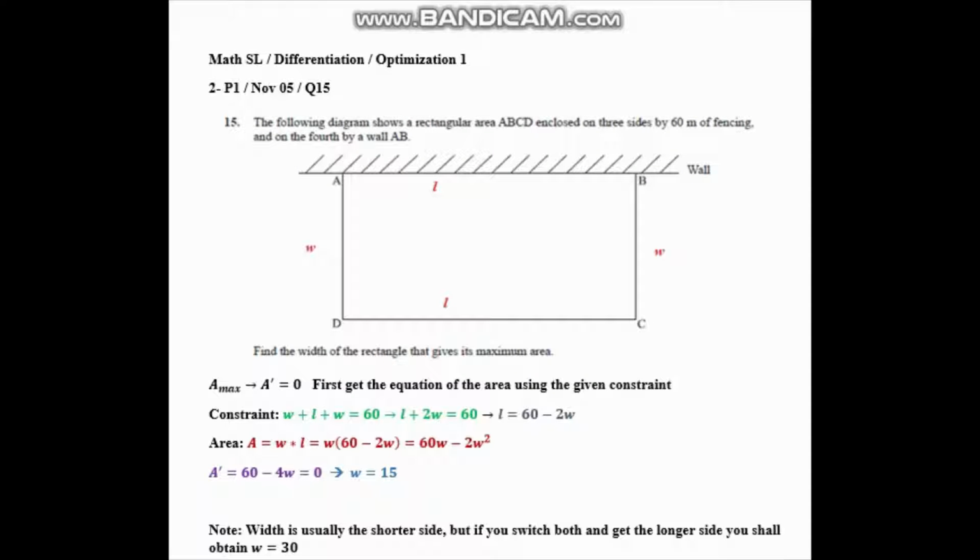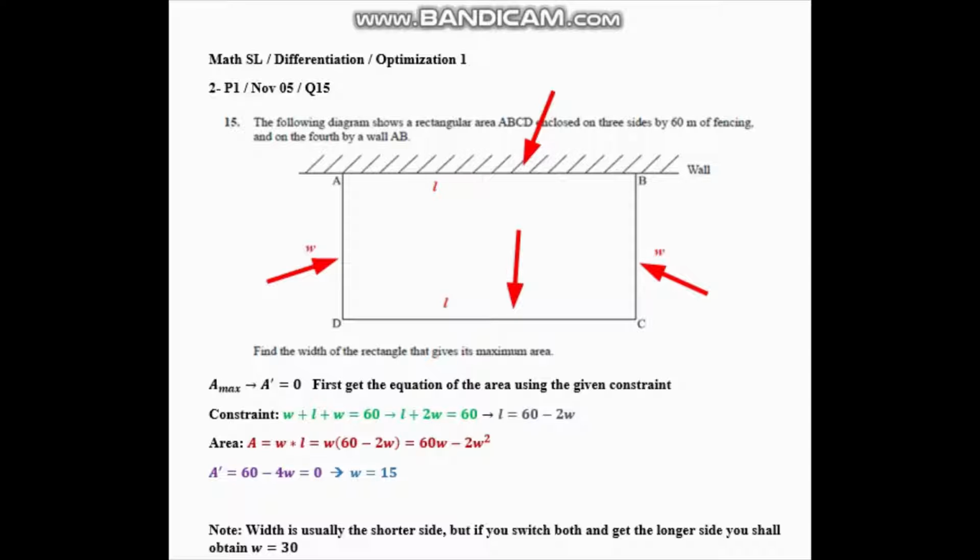So we are given that the following diagram shows a rectangular area ABCD enclosed on 3 sides by 60 meters of fencing and on the 4th by wall AB. So we have a fence that encloses this side, and this side, and the perimeter of this fence is 60 meters. And the 4th side is enclosed by a wall, so this is not relevant to us.